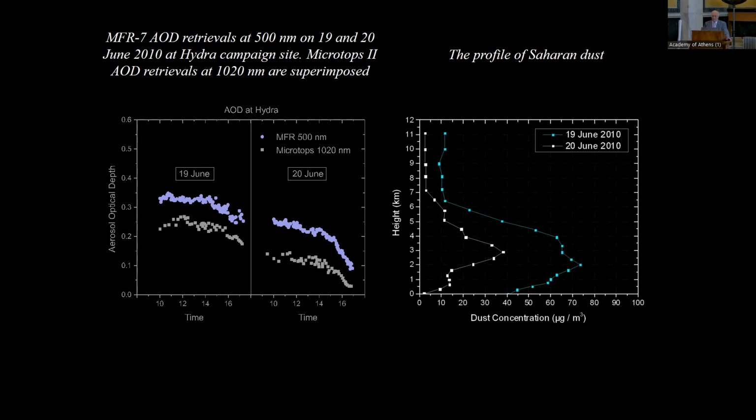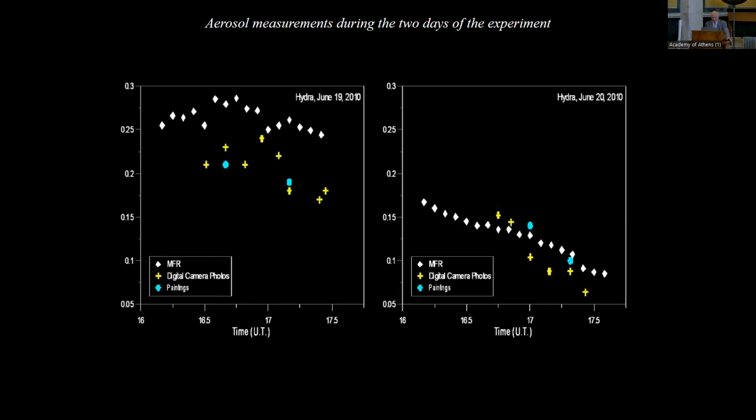We had been studying separately with MFR and microtops and other instruments the evolution in time of the event, the profile of the dust, and here is what we have measured after the paintings have been digitized. One can see Hydra 19 and Hydra 20.